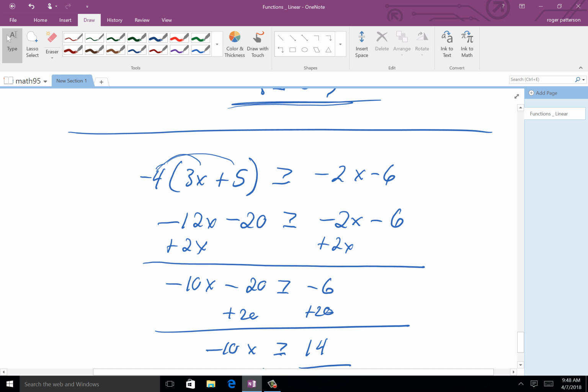Which way do I have it? Do I have it this way or this way? Start off that way. Okay. 2x minus 6. So we want this equation to be greater than this one. All right? So let's see, this equation is red. So I want the red equation to be greater than this one here.